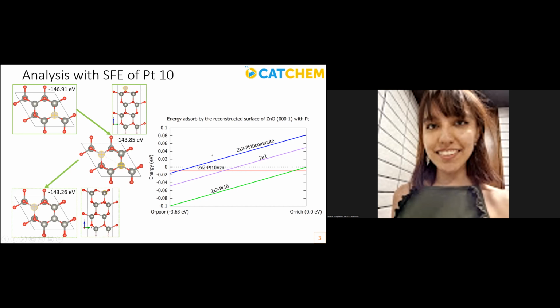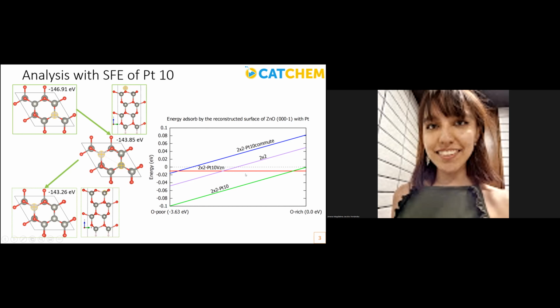In this case, the surface where we only adsorb platinum is the one with the lowest energy in both poor oxygen conditions and rich oxygen conditions.